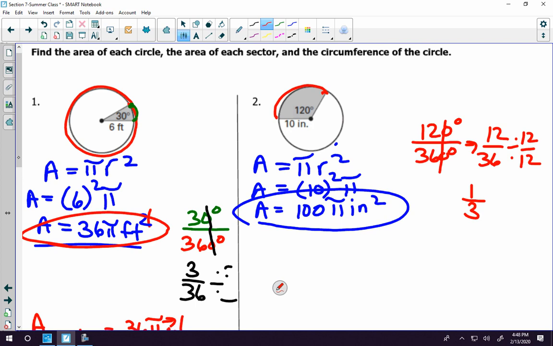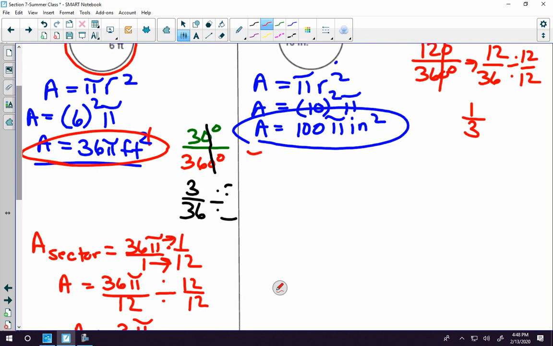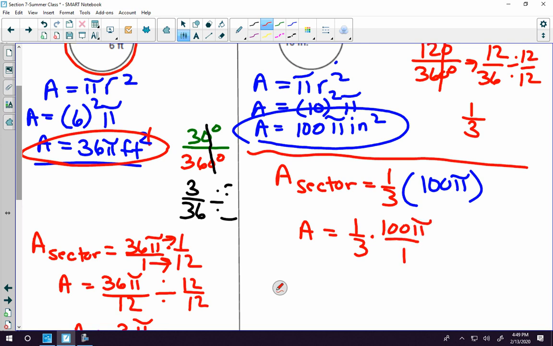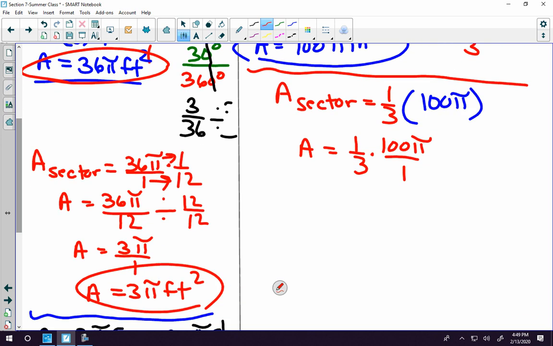So the area of our sector is going to be found by taking a third of 100 pi. So the area of the sector is going to be 1/3 times 100 pi over 1. Numerator times numerator, so 1 times 100 pi is 100 pi.